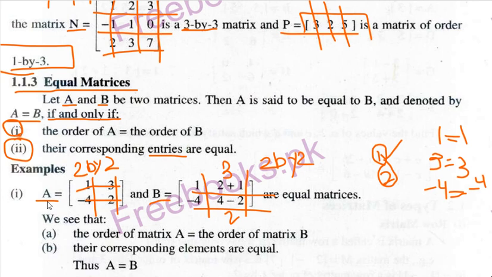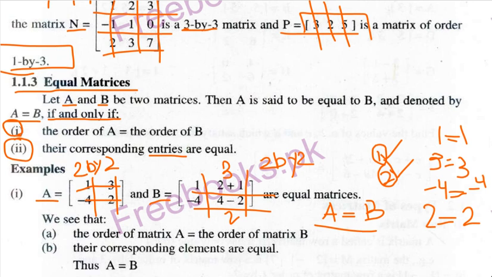Now check the fourth. The fourth entry of A is 2, and the fourth entry of B is also 2. All the entries are the same, so our second condition is also satisfied. So we can say that matrix A equals matrix B.